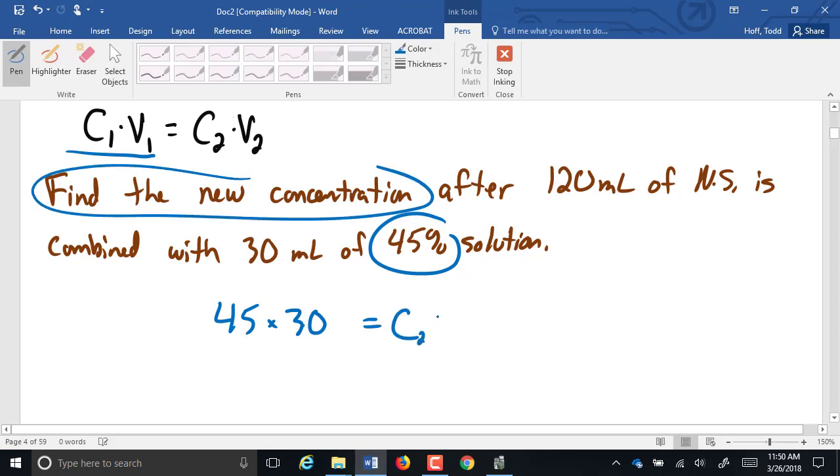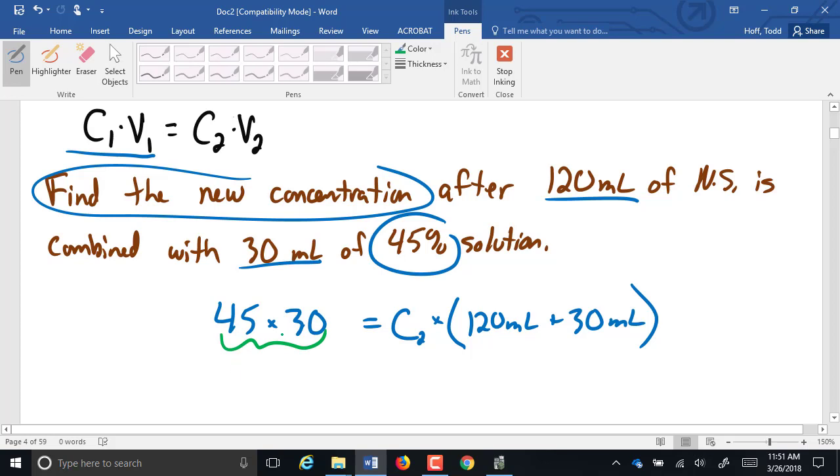So C2 is what we're looking for here, times the new volume, and this is where we have to be careful. We added 120 milliliters to it, but we had 30 milliliters already there. So I'm going to do the 45 times 30 here, which is 1,350 equals C2 times combining the 120 and 30 is 150.